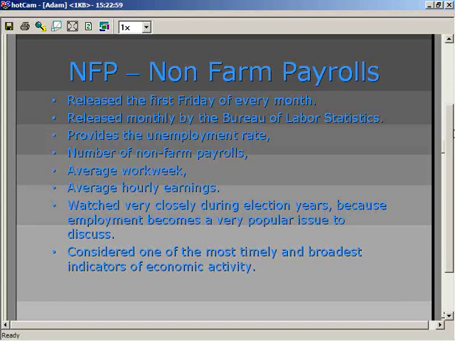But to put this in perspective, in order to maintain a healthy economy in the U.S., the average number we're looking for is approximately 125,000 new jobs every month. Now, we've had 3 months that I recall, maybe 4, of negative non-farm payrolls.